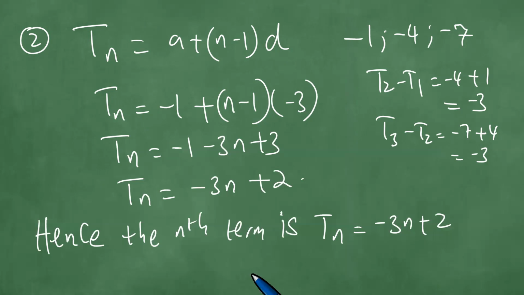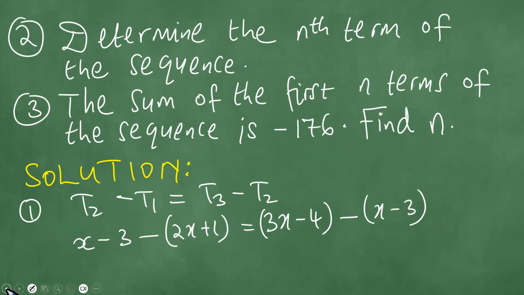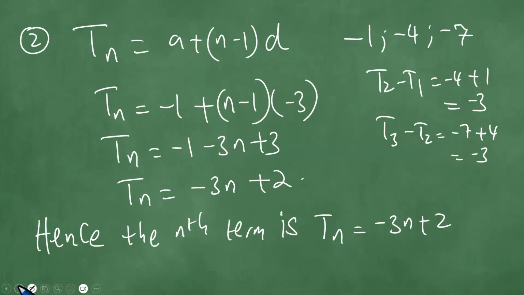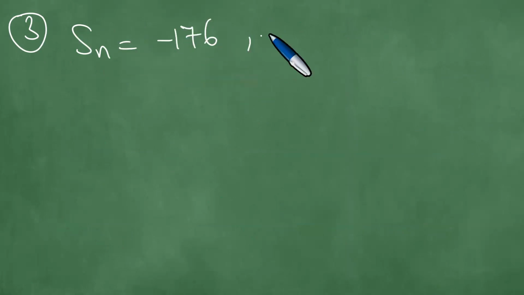The next thing is we want to find the sum of the first n terms. Here's the question. The sum of the first n terms of the sequence is minus 176. Find n. So part 3, the sum is minus 176. Okay, Sunshine, there's 5 minutes left. Yeah, I realized that. Okay, I'm finishing quickly.